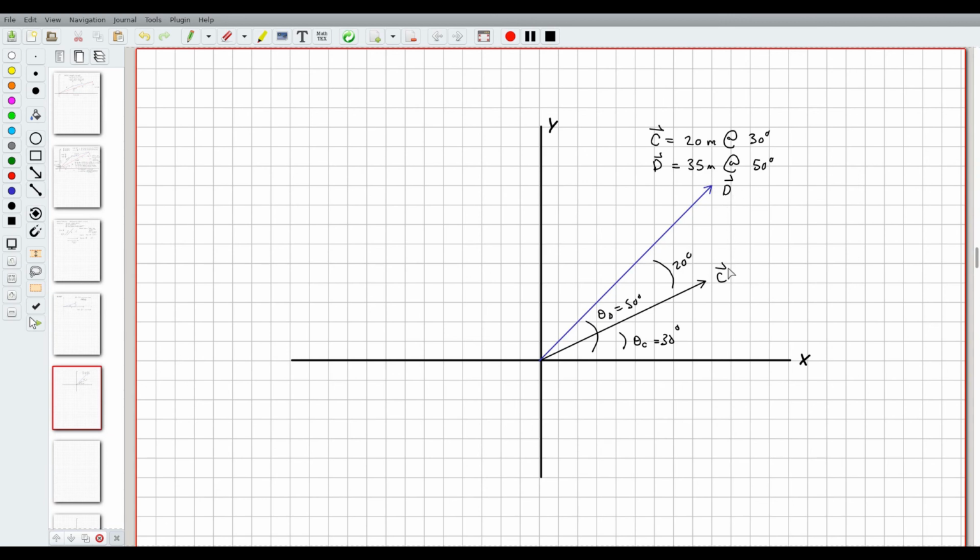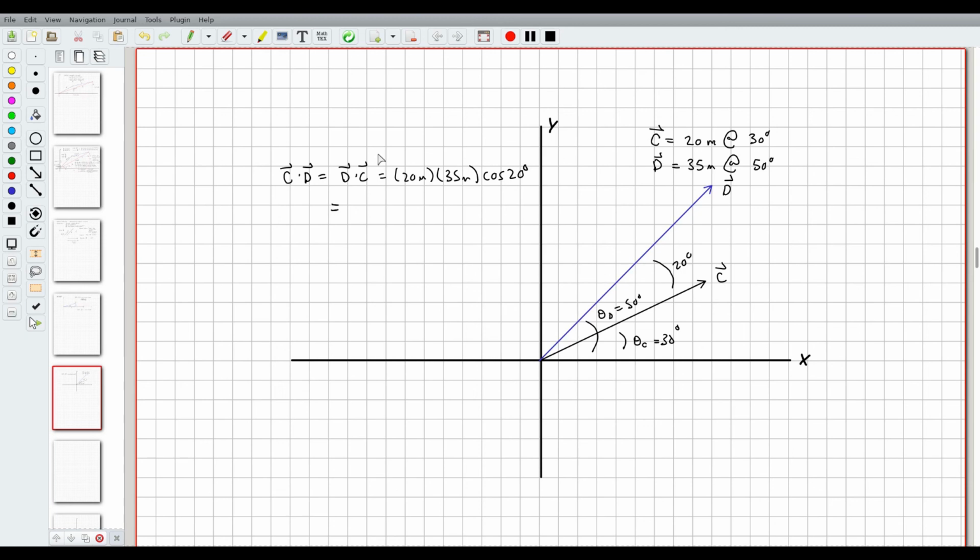The length of C is 20 meters. C dot D, which would be the same thing as D dot C, would be 20 meters times 35 meters times cosine of 20 degrees.